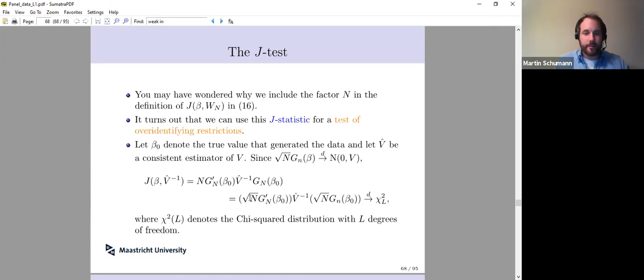This thing here converges to a normal distribution with mean 0 and variance V. The same thing for this thing here. And therefore, if you take the inverse, this will cancel out the V in this part and in this part.